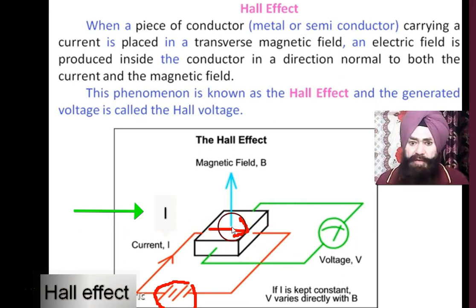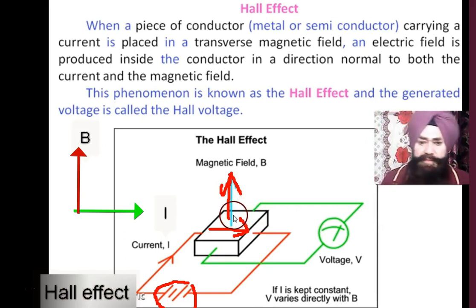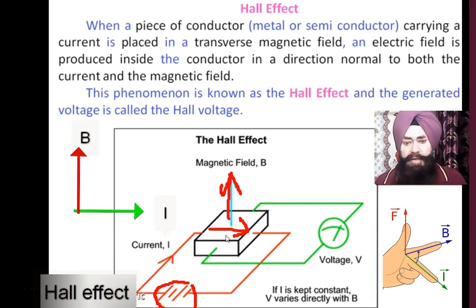And if the current is flowing along this direction, and there is a magnetic field exactly perpendicular, you apply Fleming's left hand rule. Okay, and listen, the current is flowing from the left hand side to the right hand side.